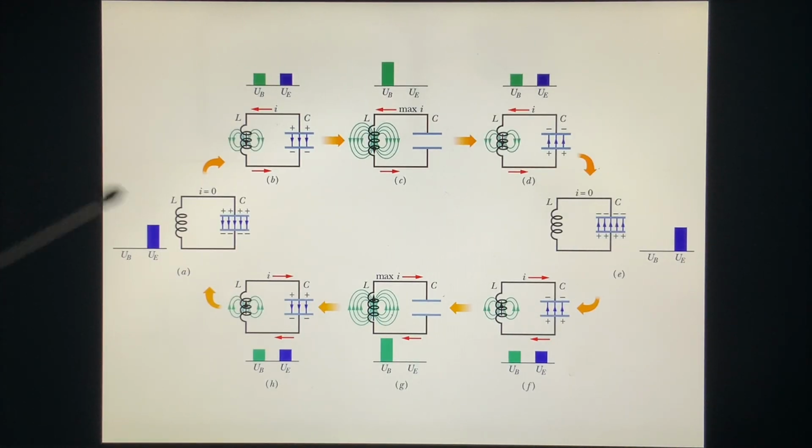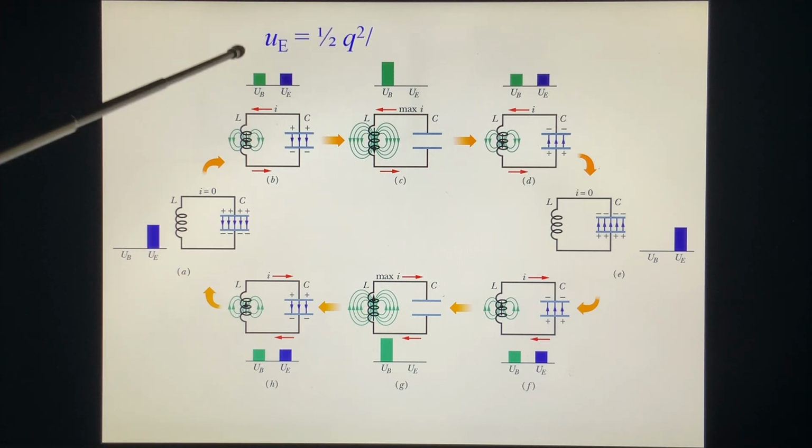Now we look at this picture. We start from here, where the capacitor is fully charged with positive on the top, negative on the bottom, and no current in the circuit. In this case, the capacitor has the maximum energy.